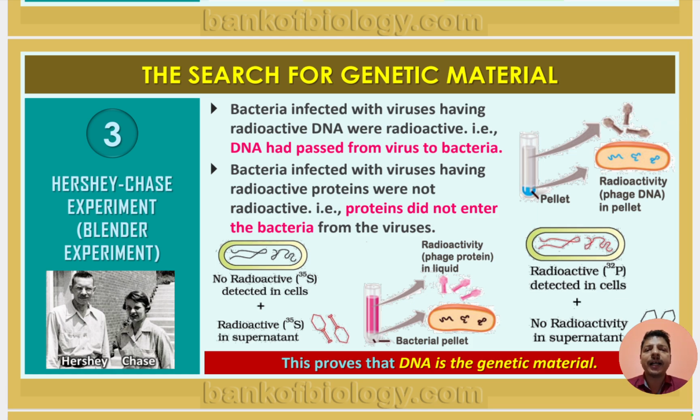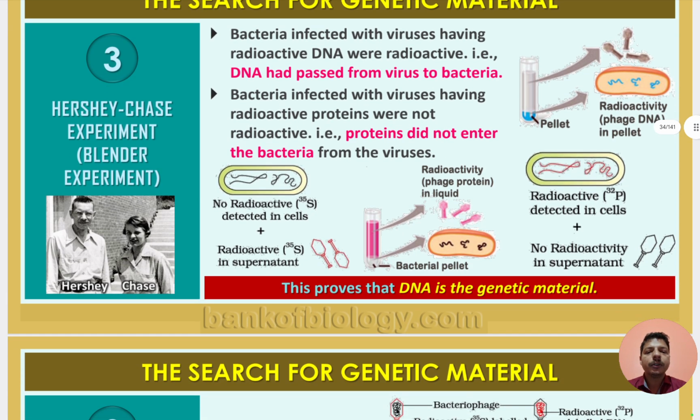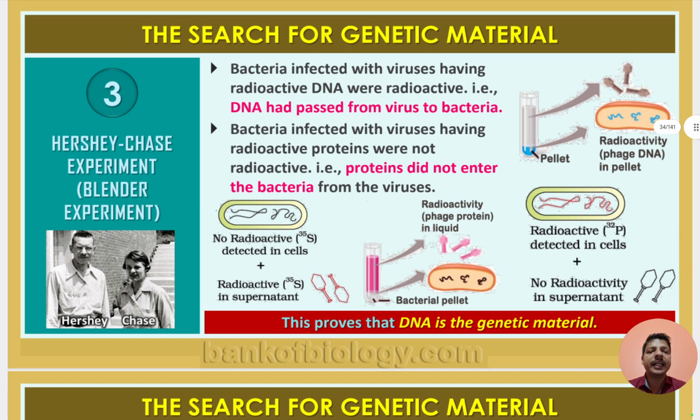Bacteria infected with viruses having radioactive DNA were radioactive, that is, DNA passed from viruses to the bacteria. Bacteria infected with viruses having radioactive proteins were not radioactive, that is, protein did not enter the bacteria from the viruses. So this proves that DNA is the genetic material.